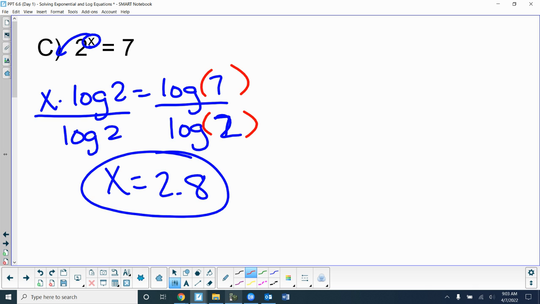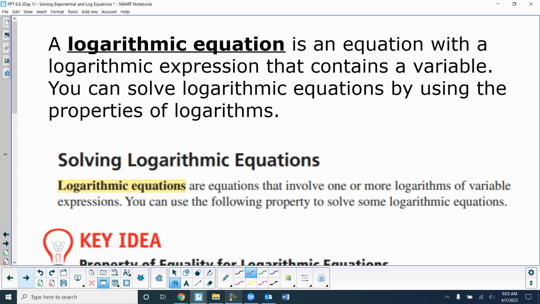All right, we good on the exponential ones? Yeah. All right, we got to do logarithmic ones. Okay? And you guys already have done this, basically. We did this last week on our last quiz. All right, logarithmic equations that involve one or more logarithms of variable expression, you can use the following property to solve logarithmic equations.